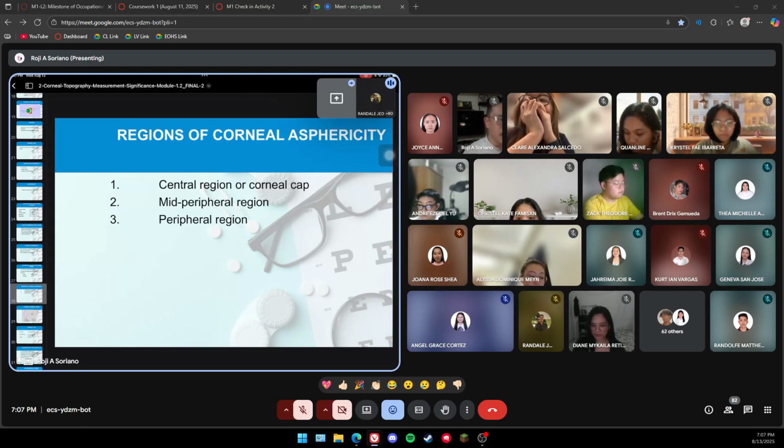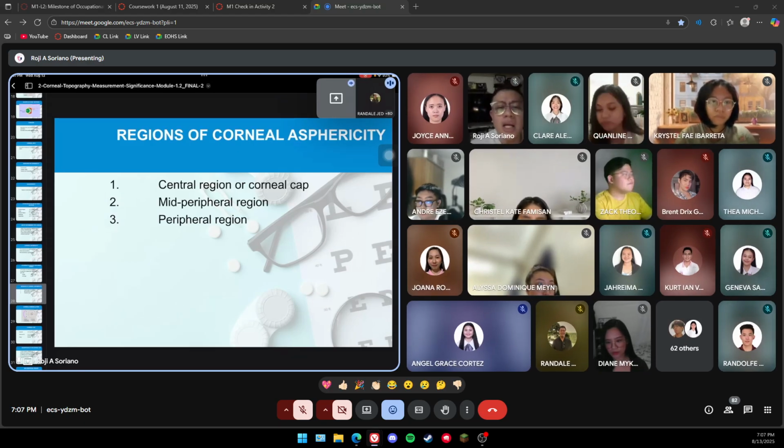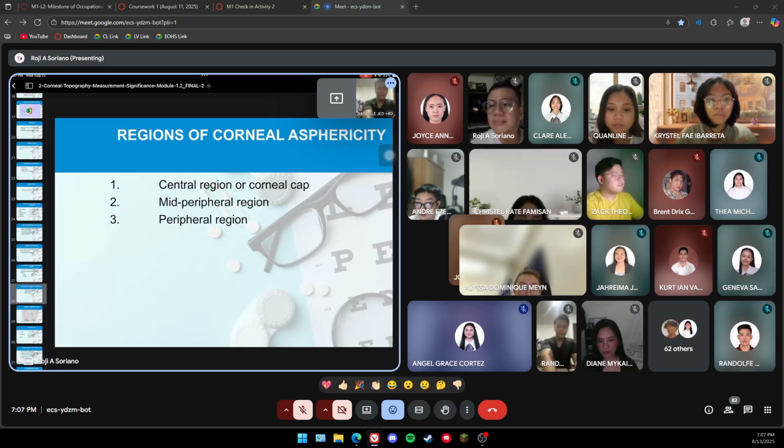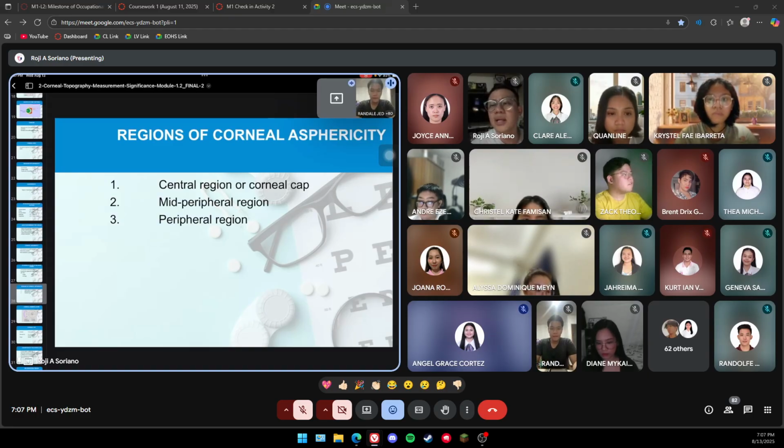Regions of the corneal asphericity. Number one is your central region or your corneal cap. So, meaning to say, when you are doing your keratometry, you are measuring the corneal cap, or the central region.